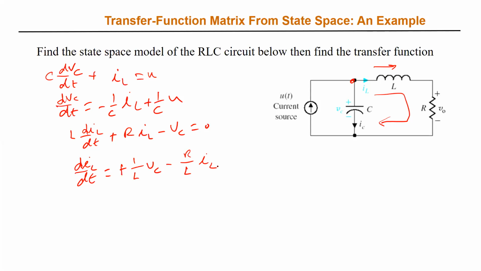This is the second differential equation. What about the output? What will the output be? IL multiplied by R. Okay, it's going to be R times IL. So we can put this in matrix format.